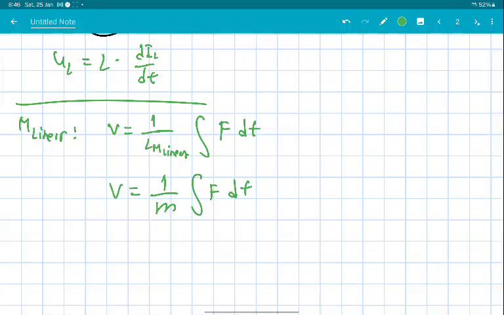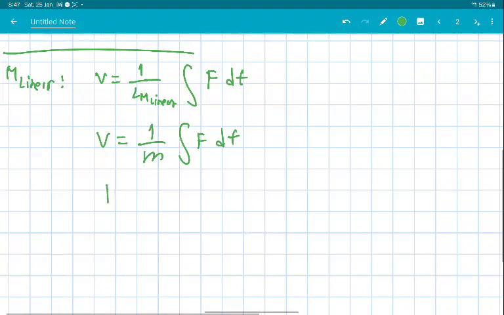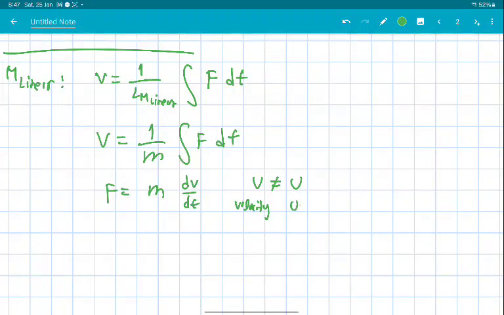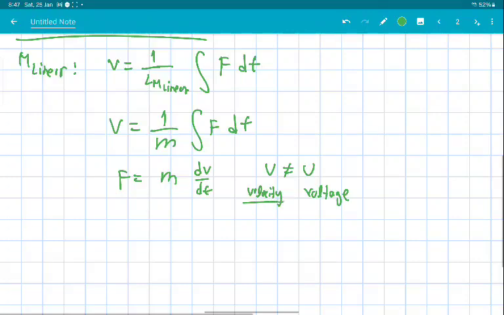And when we rearrange this formula itself, we will get F is equal to M dV over dt. And V is not equivalent to U. This is velocity. And this is voltage. And we are working with the velocity.